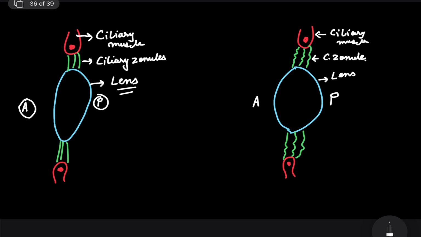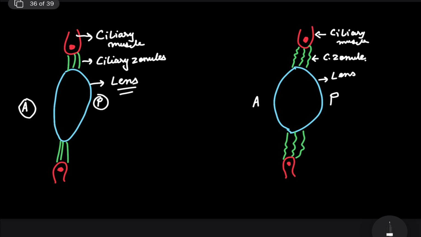So basically accommodation is what? Our lens accommodating for the varying distances. How? By changing its power. How does it change its power? By changing the curvature of the lens. How does it change the curvature of the lens? This is what we will explain now.